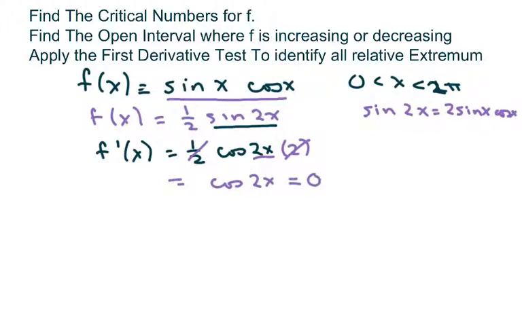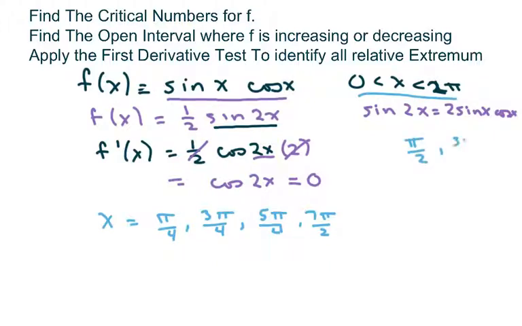So the critical numbers are going to be x equals, we have to go from 0 to 2 pi, and I know that this would be pi over 4, 3 pi over 4, 5 pi over 4, and 7 pi over 4. We know that cosine of x is 0 at pi over 2 and 3 pi over 2.